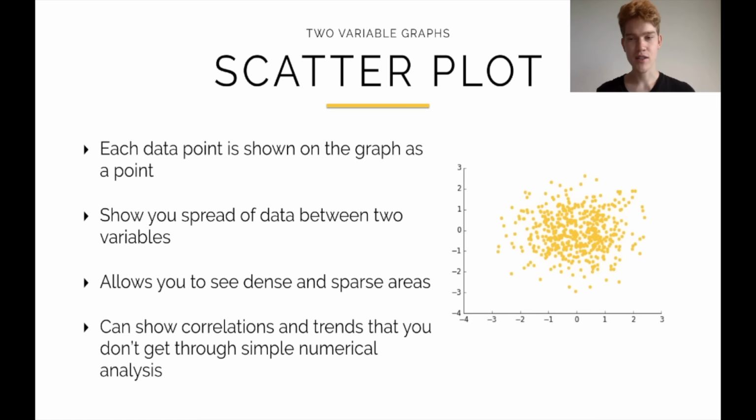So scatter plots are really great for that because they just show us where the data points are located for these two variables, and then we can ourselves see how these look. Does one variable affect the other? Are there maybe certain groupings that we can see? Where are dense areas, where is it sparse, where are things concentrated? Is everything spread all over the place? Is it very narrow and only in a specific region? Scatter plots allow us to see all of these things very easily.